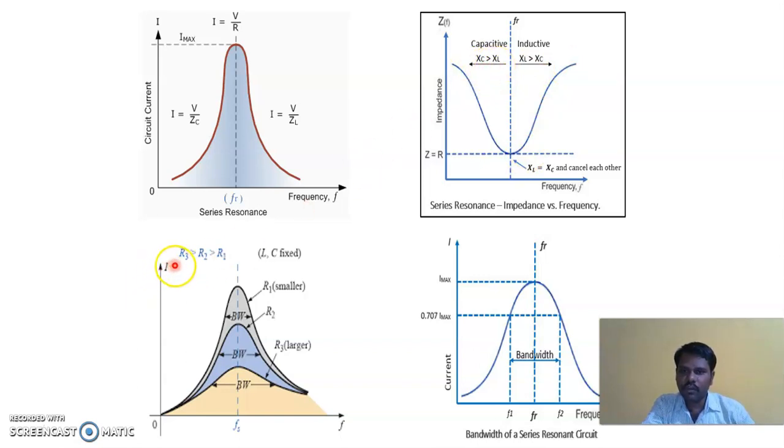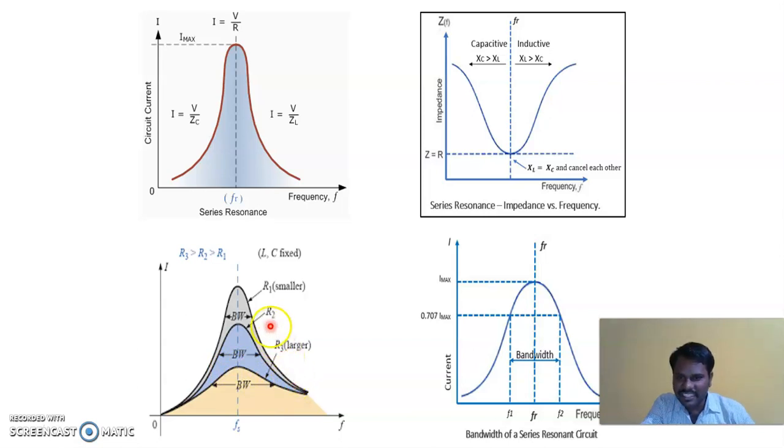Now we learn about how the resistance affects the current. For a larger resistance, the curve is broader in shape.